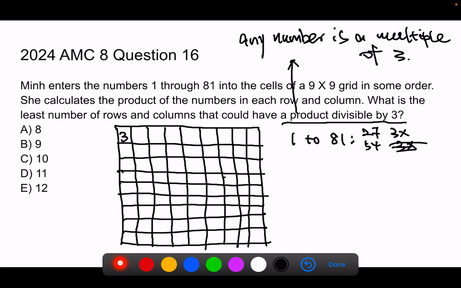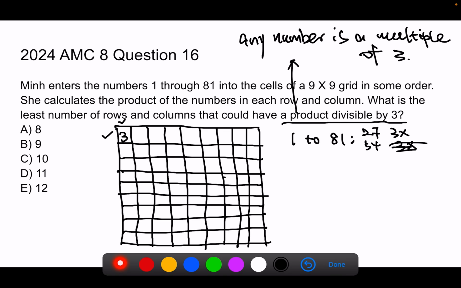Now, with a number in the first row and first column, how many rows or columns are now divisible by 3? This makes the first row and first column divisible by 3. Now where do you put the second number?